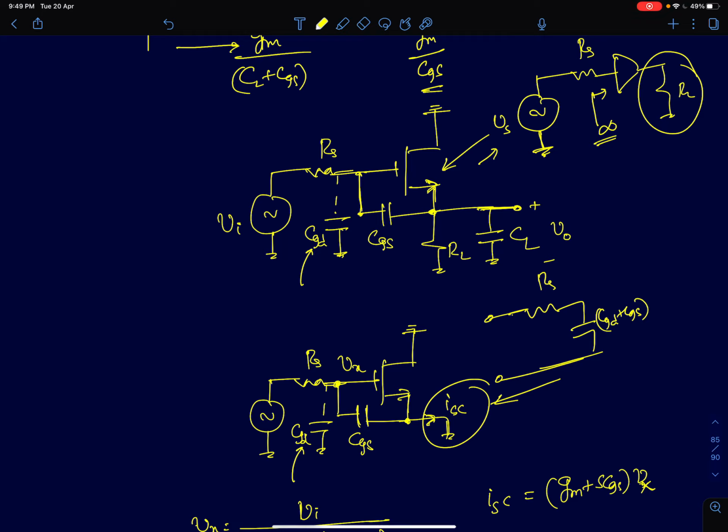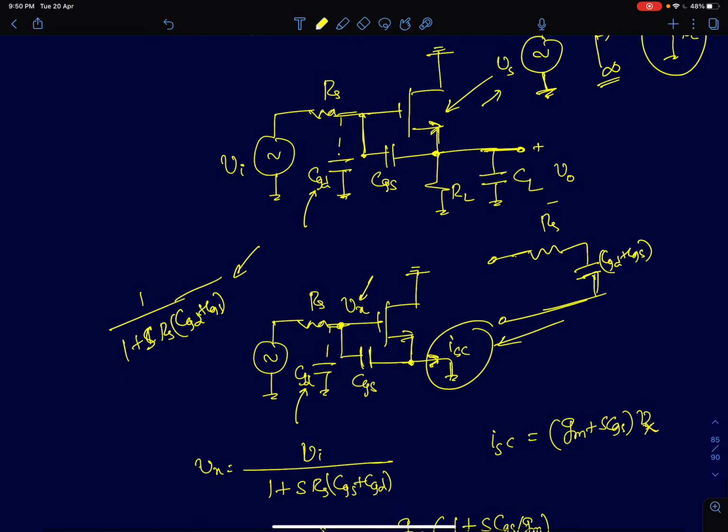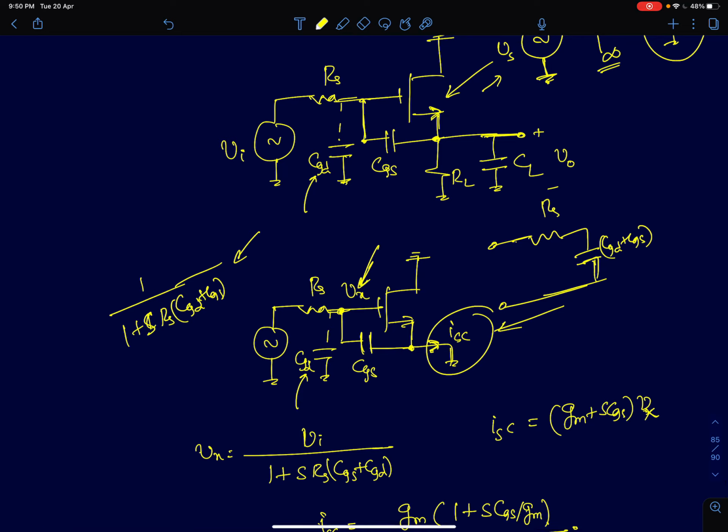You are measuring the short circuit current, so it will look very similar to that of a common source amplifier. The transfer function from Vi to Vx is 1 by 1 plus S RS into CGD plus CGS. That's the voltage at this point.